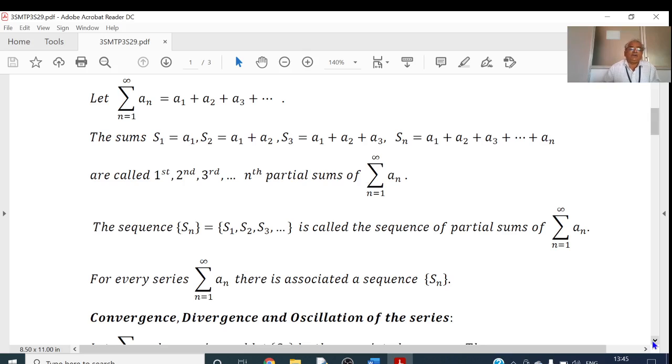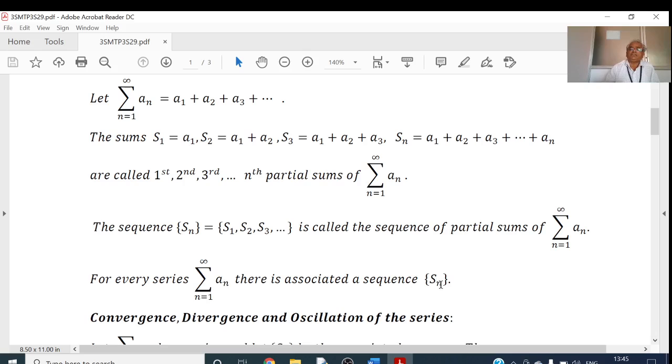Now we define the convergence, divergence and oscillation of the series. If sigma an is a series, correspondingly there is a sequence, that is the sequence of partial sums. We know the definition of the convergence, divergence and oscillation of a sequence. Now we define the nature of this series depending on the nature of the corresponding sequence.